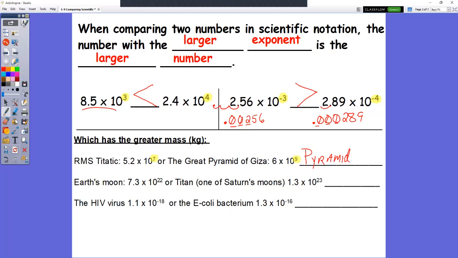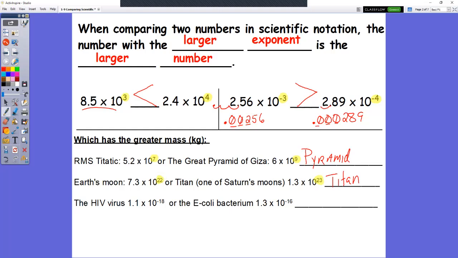Earth's moon, 7.3 times 10 to the 22nd, versus Titan, one of Saturn's moons, which is 1.3 times 10 to the 23rd. Titan has the greater mass because the 23rd power is greater than the 22nd power.